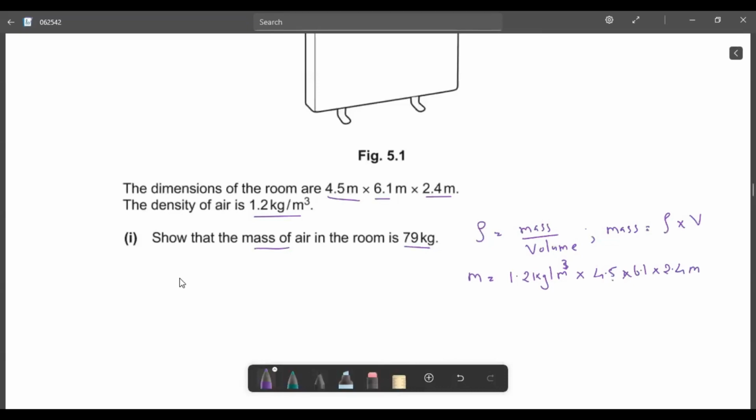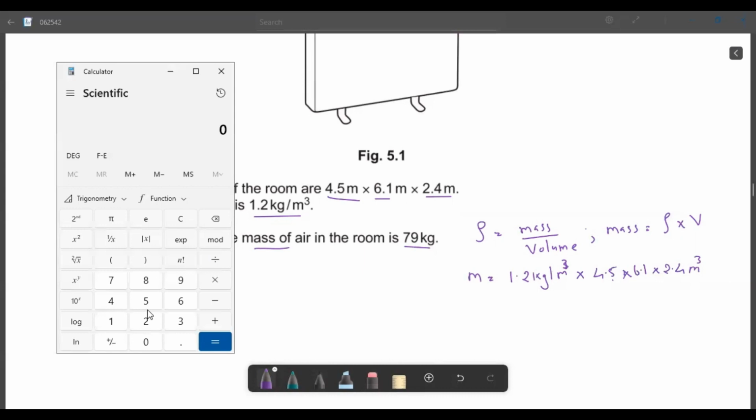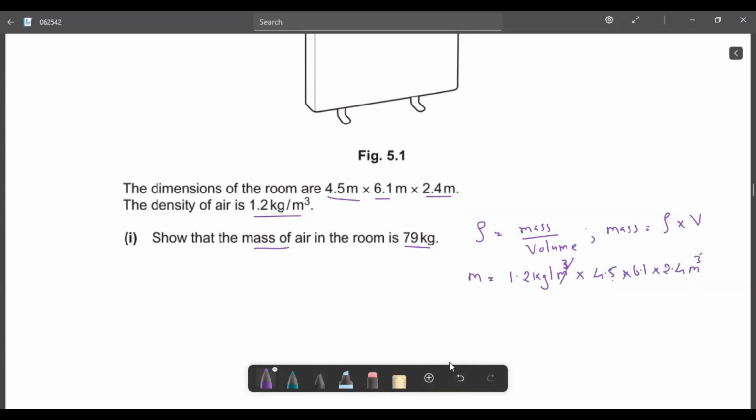So meter into meter into meter, we will write it as meter cube. 1.2 into 4.5 into 6.1 into 2.4 is equal to 79. This meter cube and this meter cube will get cancelled. The answer is 79 kilogram. So hence it is proven.